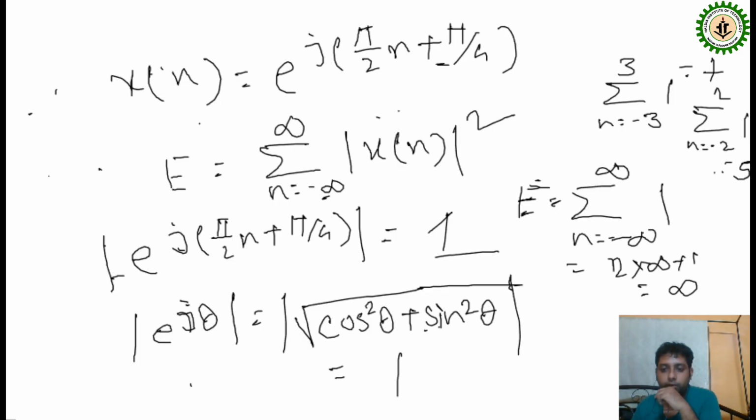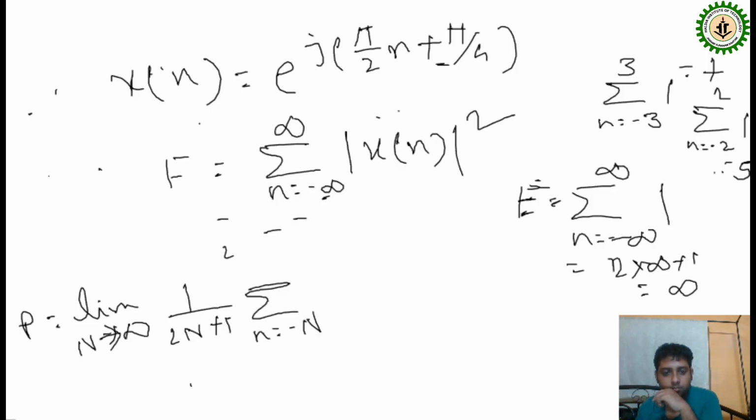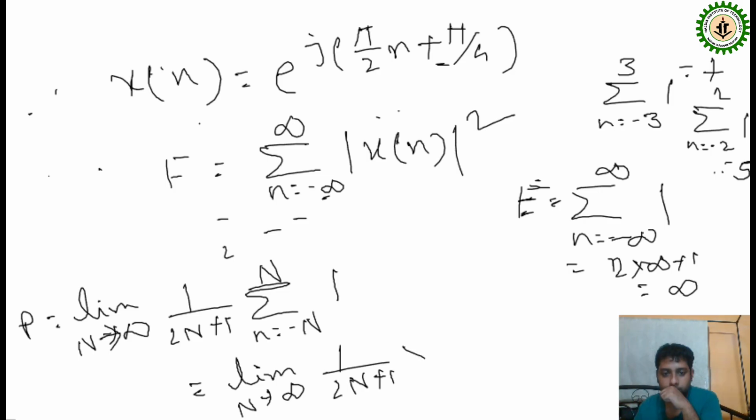Okay. Now if we find the power of that signal, what will be the value of the power? Limit n tends to infinite, 1 by (2n plus 1), summation n is equal to minus n to plus n mod of x[n] square, that is 1. So limit n tends to infinite 1 by (2n plus 1) into summation n is equal to minus n to plus n of 1s.